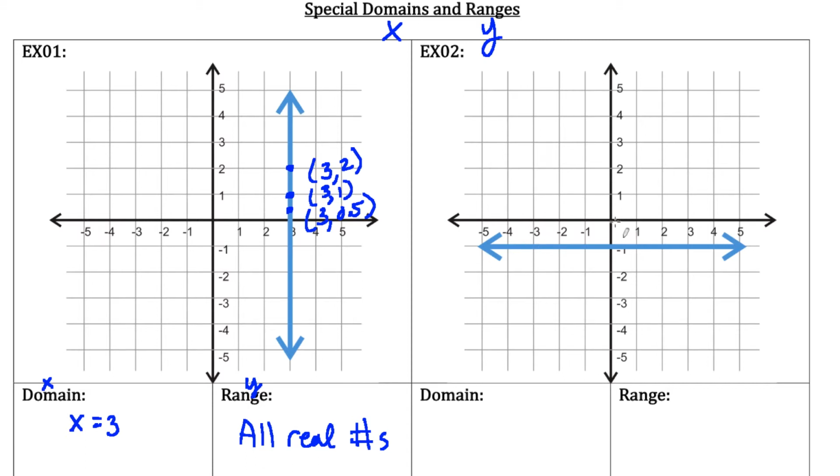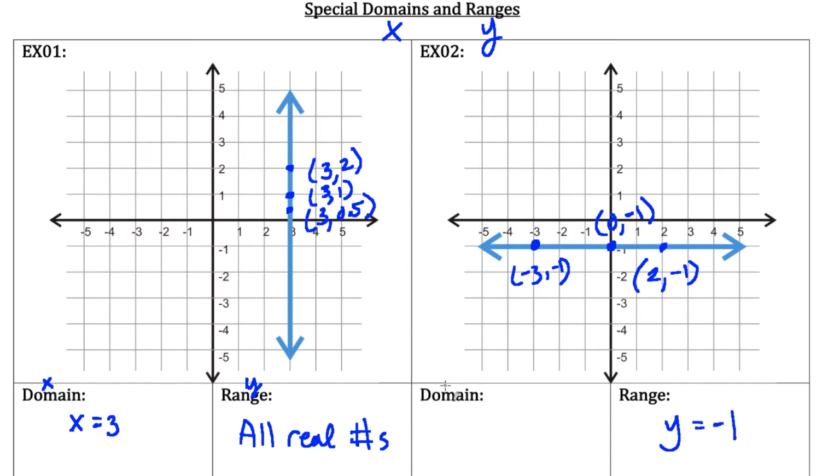And let's look at this one. So 2, -1. Let's go -3, -1. 0, -1. Let me try to make that stand out a little bit more. Okay, so all of these have the same y. The y is -1.